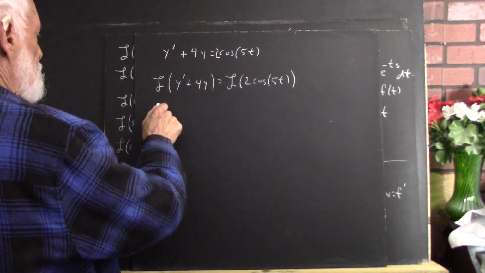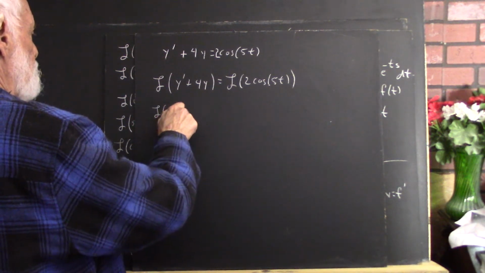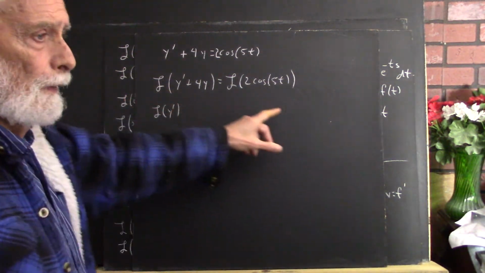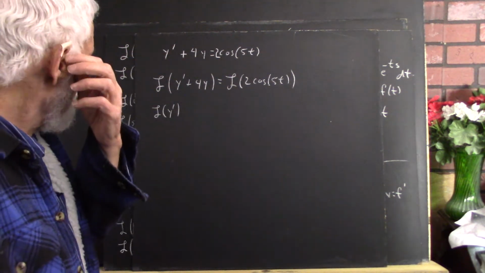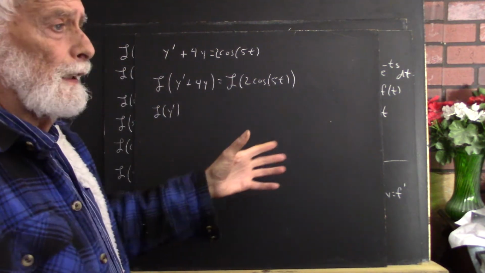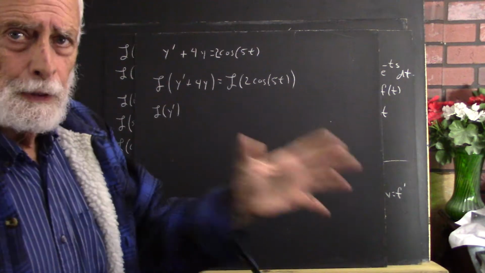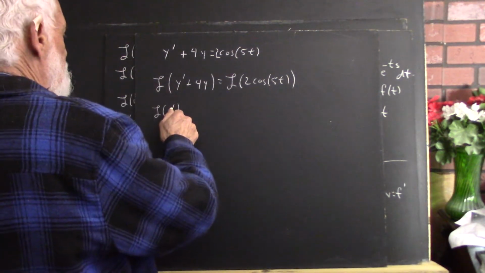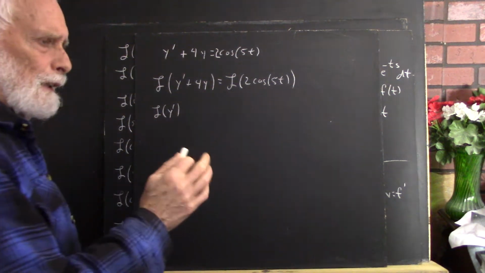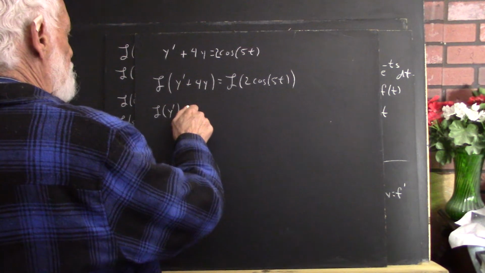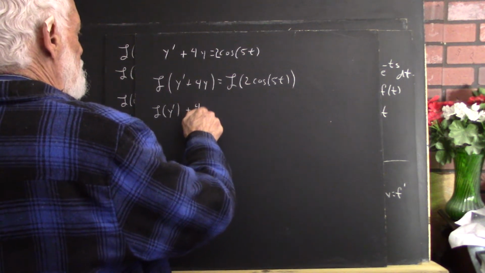Now, I'm using the linearity of the Laplace transform, the Laplace transform being defined in terms of integrals. It's really easy to prove linearity. And then you have inverse transforms, and it's pretty easy to prove linearity there too. So I'm not going to prove those things, I'm just going to use them.